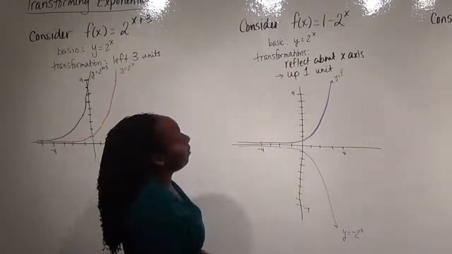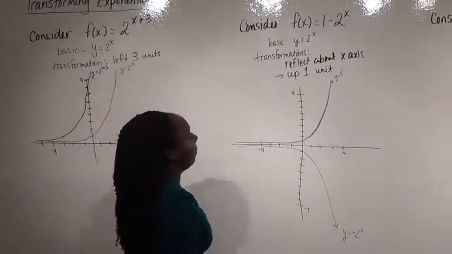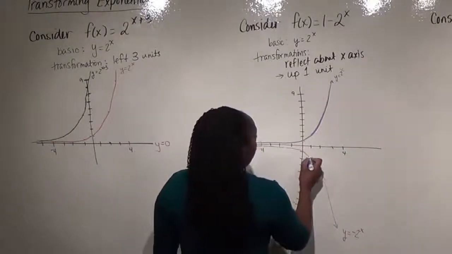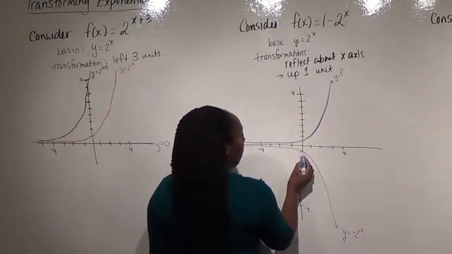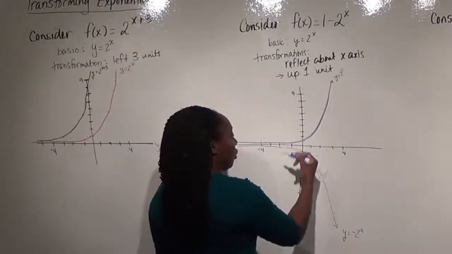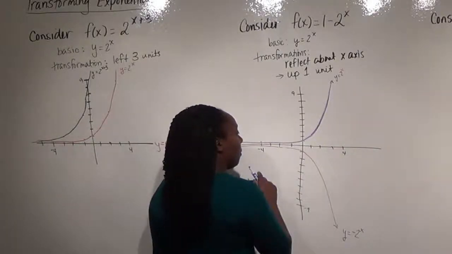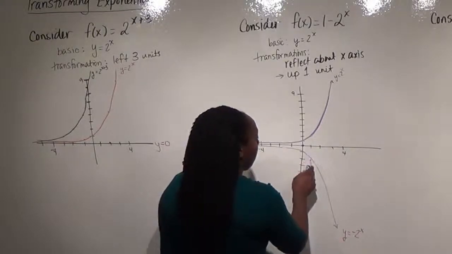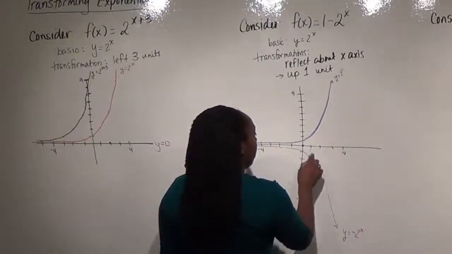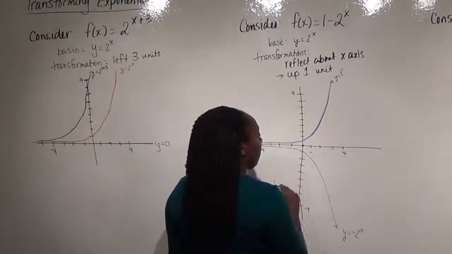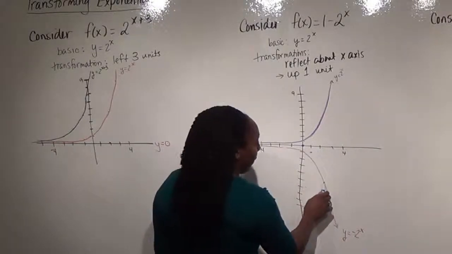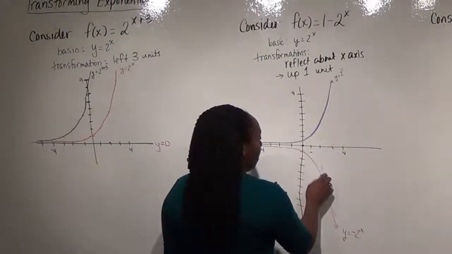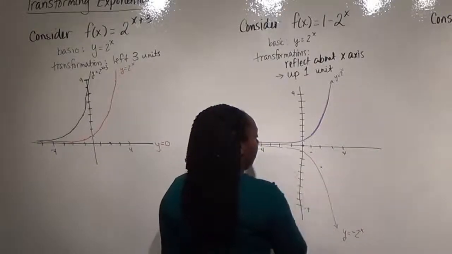And then lastly, to move that up 1 unit, well, all of our values are just going to move up by 1. So our intercept that has now been shifted to 0, negative 1 is going to go to 0, 0. Our point that was at 1, negative 2 is now going to be at 1, negative 1. Our 2, negative 4 is now going to be 2, negative 3.